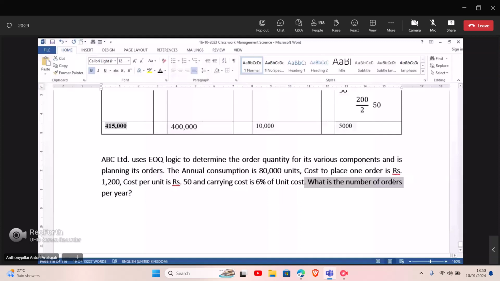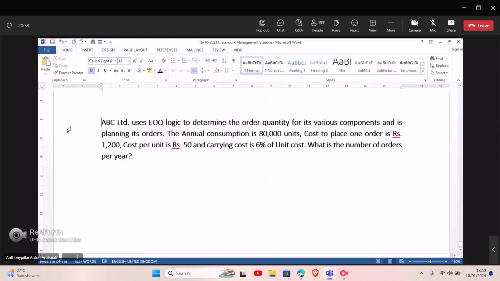Okay, can you find it? Number of orders per year. Take 5 minutes, it's not that difficult, you can simply find the number of orders.